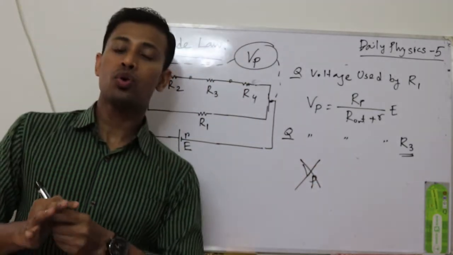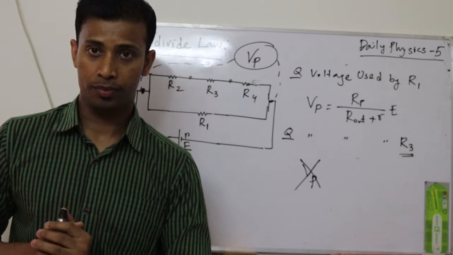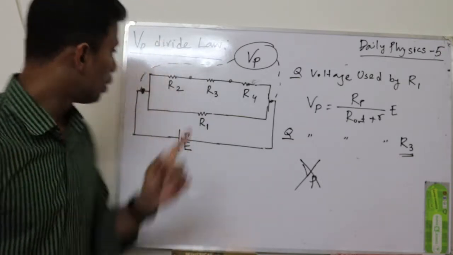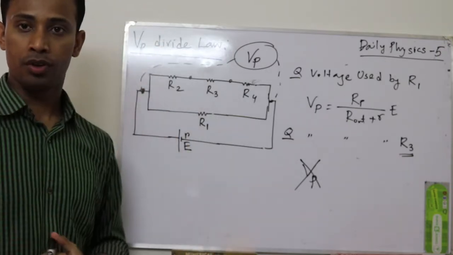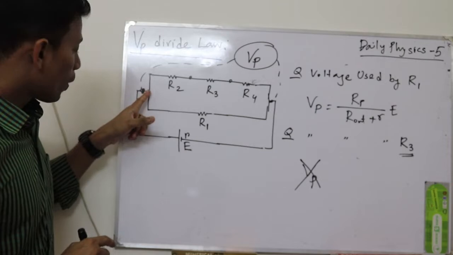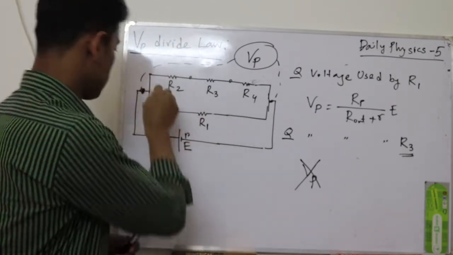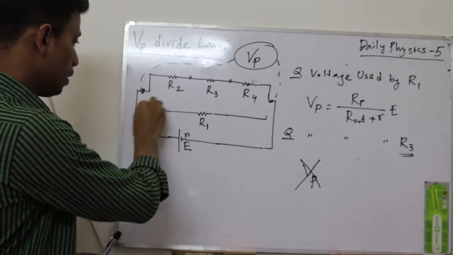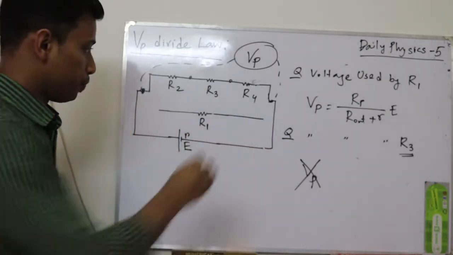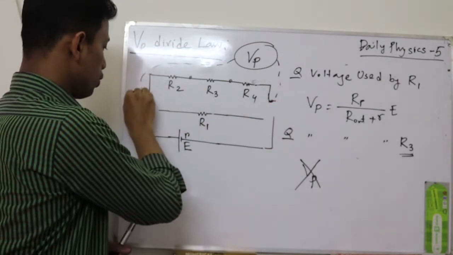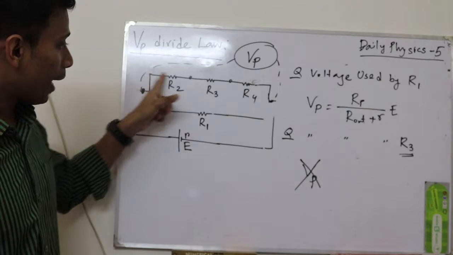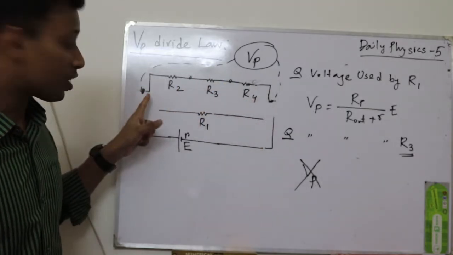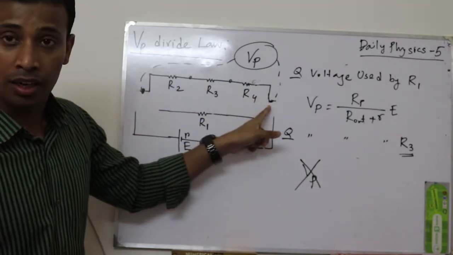Then how do we get it? So here comes the Vp divide law. Forget about the bottom group and let's deal with the top group. Here you can see a line. This line starts here and ends here.